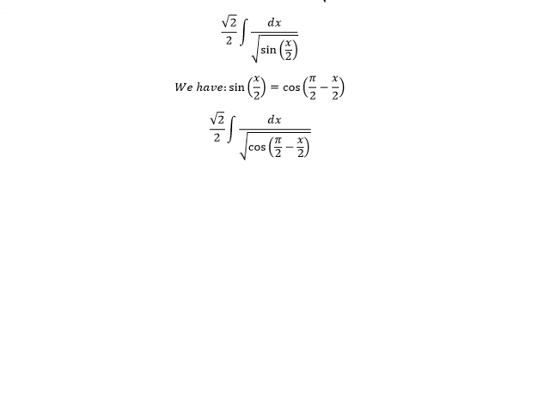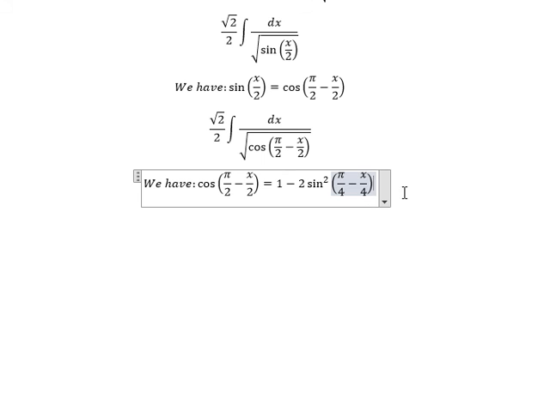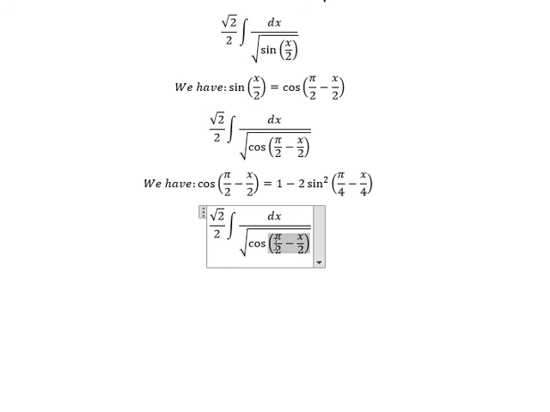Next, I will apply this one. Cosine of b over 2 minus s over 2 equal to 1 minus 2 sine squared of b over 4 minus s over 4. So we put this one in here.